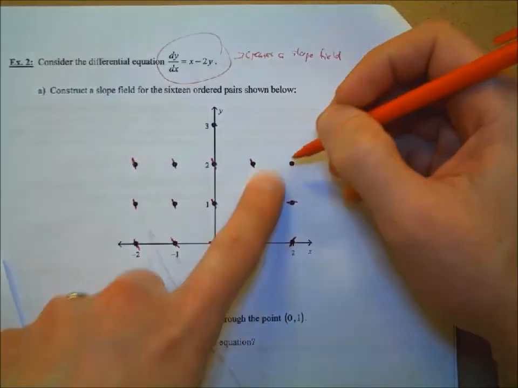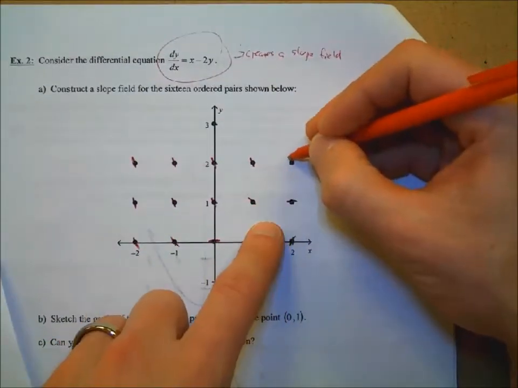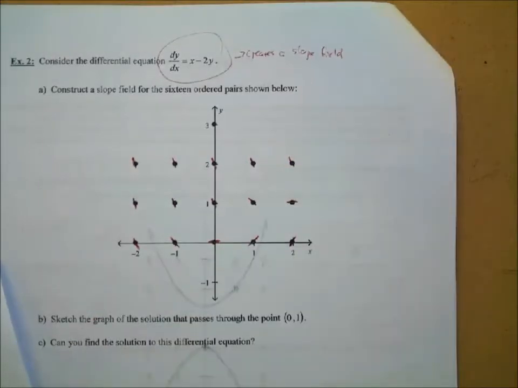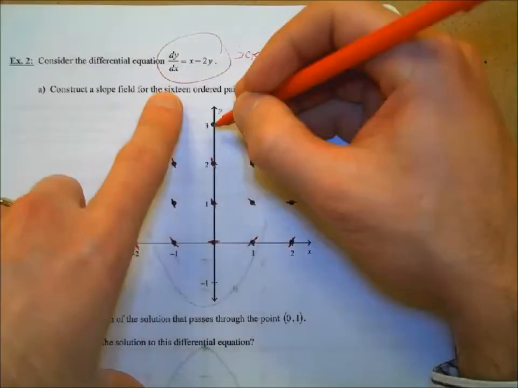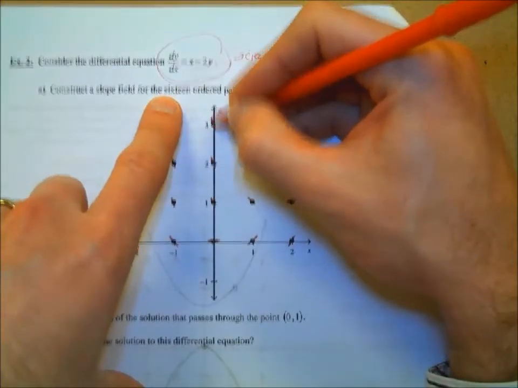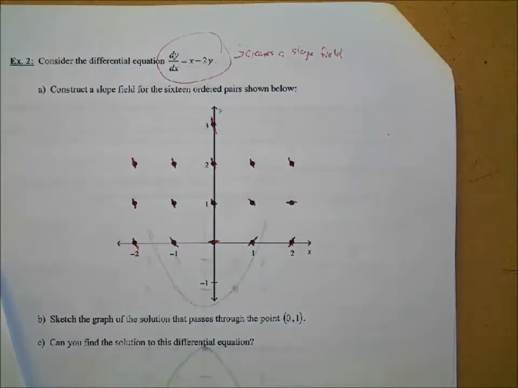And then 2 minus 4, negative 2, a little bit less steep. And then the final one at (0, 3), so 0 minus 6, a slope of negative 6, again very steep.